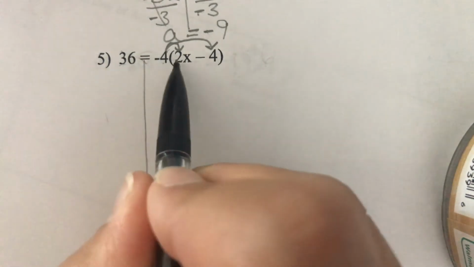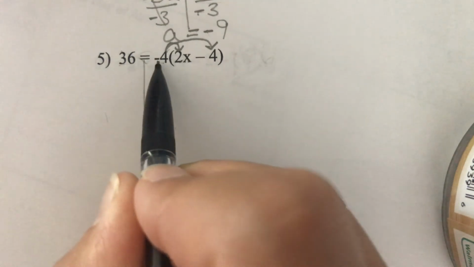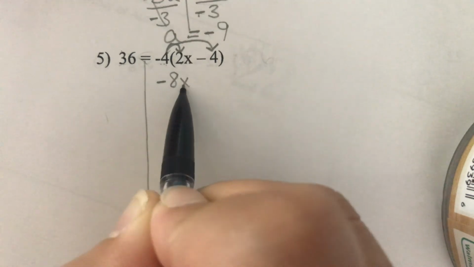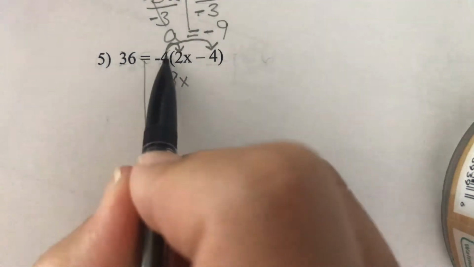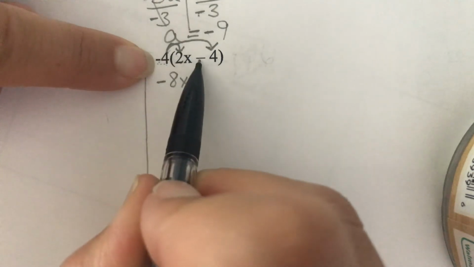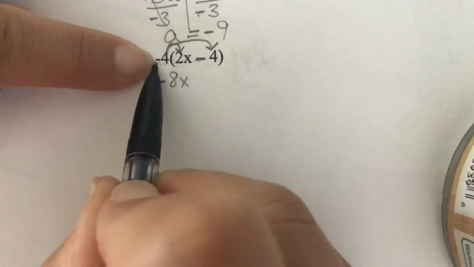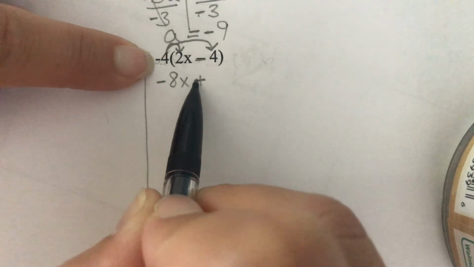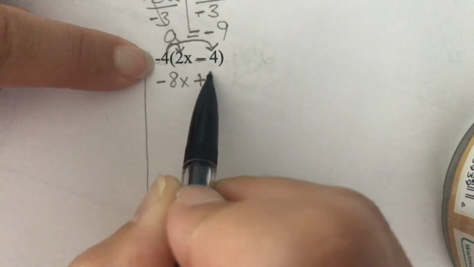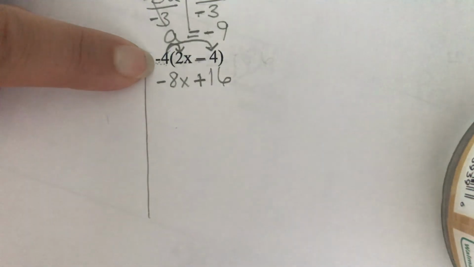Multiply -4 times 2x. -4 times 2 is -8. I keep the x. -4, careful here. Negative times this sign here is negative. This is going to be a positive. Negative times a negative is a positive. 4 times 4 is 16.